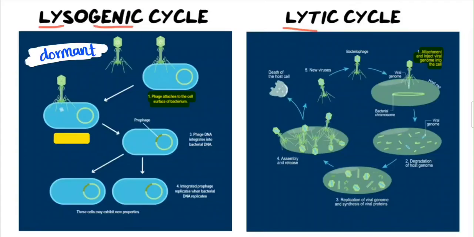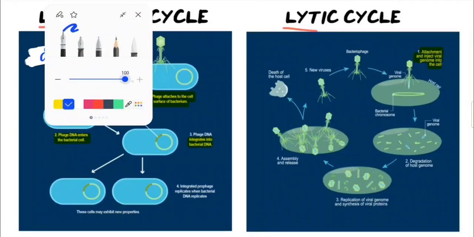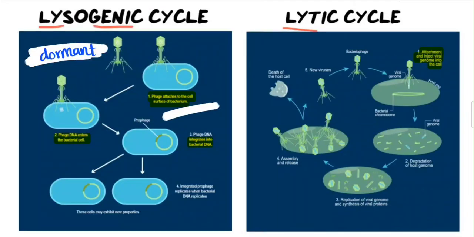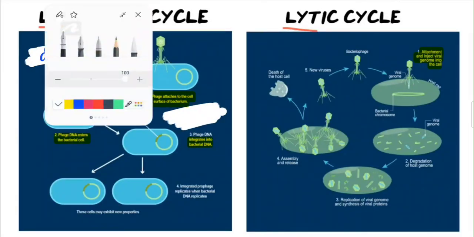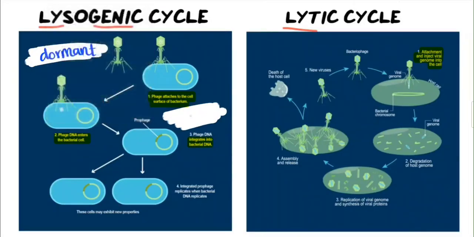The phage DNA enters the bacterial cell, and in the lysogenic cycle, it becomes integrated into bacterial DNA. Integrated here means incorporated, which means it got stuck with it as part of it.